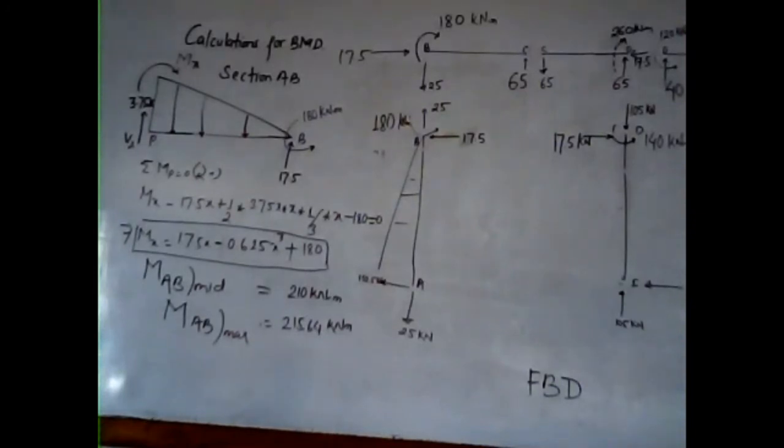Likewise, if we put in the value obtained from the shear force, that is x equals 3.055, we will get the maximum bending moment as 215.64 kilonewton meter in the section AB. So the maximum bending moment will occur at the section where the shear force is 0.